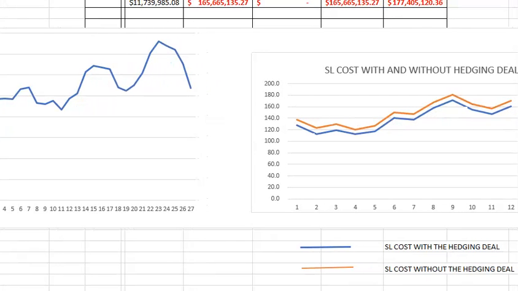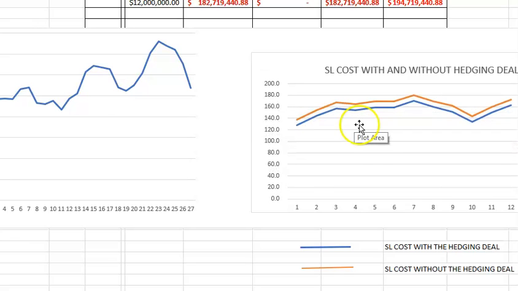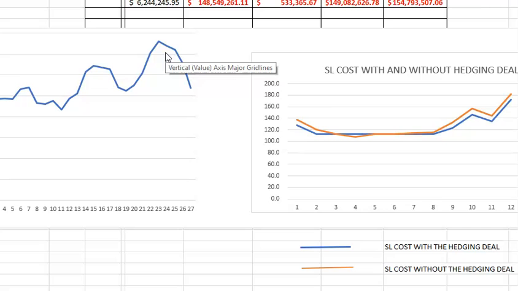If I press F9, everything changes. Again, like before, the orange line is the cost without the hedging deal. So we are paying more without the hedging deal in this simulation. Press F9 again. Now, if the oil price stays up like that, then it's good.